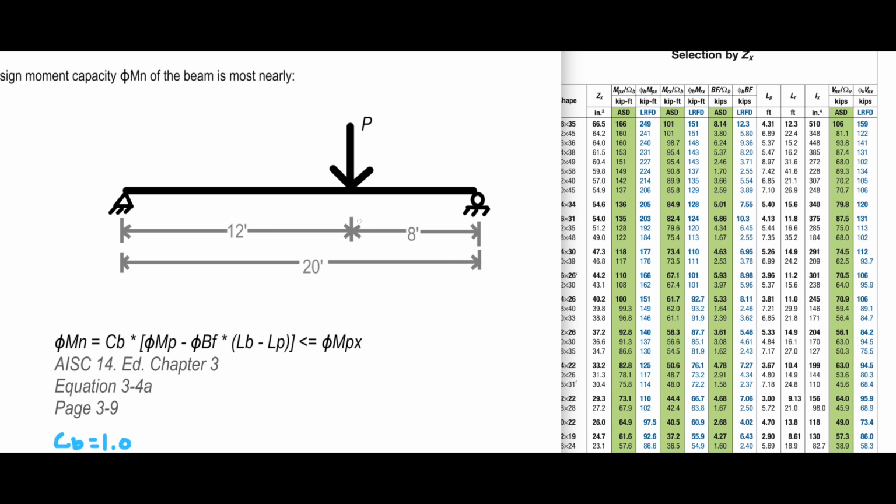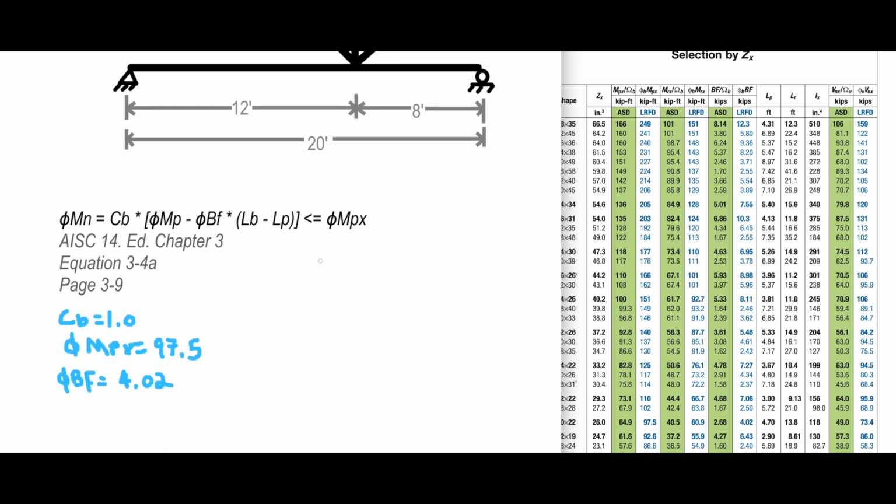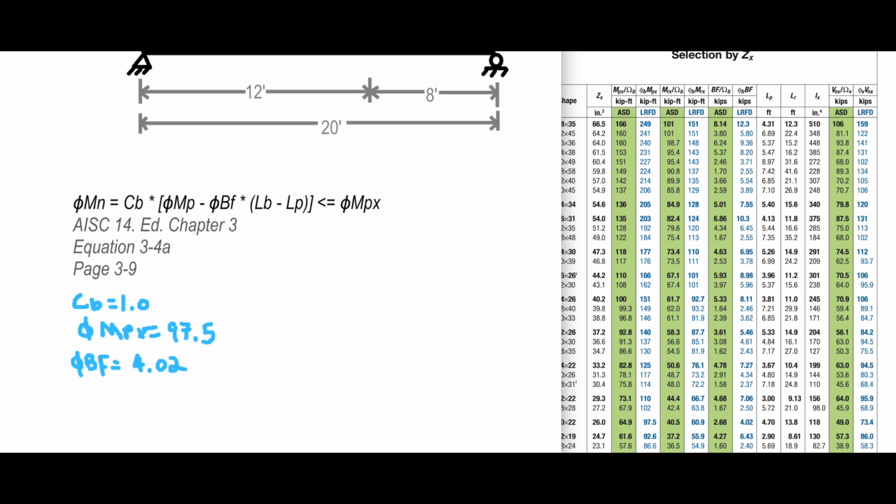So you have to be careful. It's not braced at 12 feet, right? 12 feet is just where the load, the applied load P is. It's braced in the center of span, which would be 10 feet. So watch out for little details like that when you're on your exam and you're moving quickly. So Lb is equal to 10.